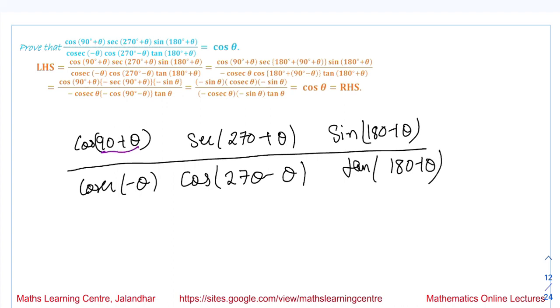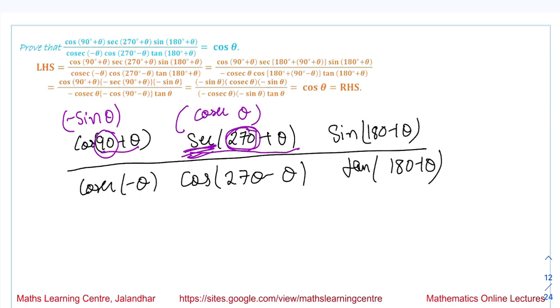Now 90 plus theta, it lies in second quadrant, it is 90, so it will become sine of theta, and that is with negative sign. Next, this value will lie in the fourth quadrant, and we know secant is positive over there, but this is an odd multiple of pi by 2, so the answer will become cosecant theta, with the positive sign because secant in fourth quadrant is positive.